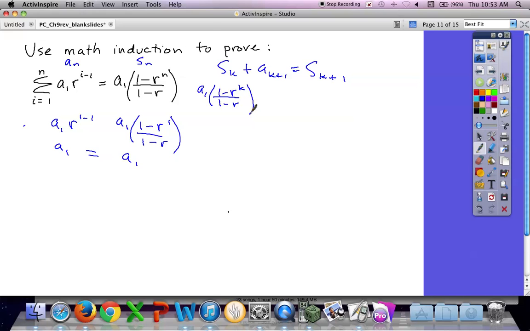How do I find a k plus 1 if this is an? Put the k plus 1 in here, right? So what am I going to get if I put in r to the k plus 1 minus 1? It's r to the k, so it's A1 times r to the k.